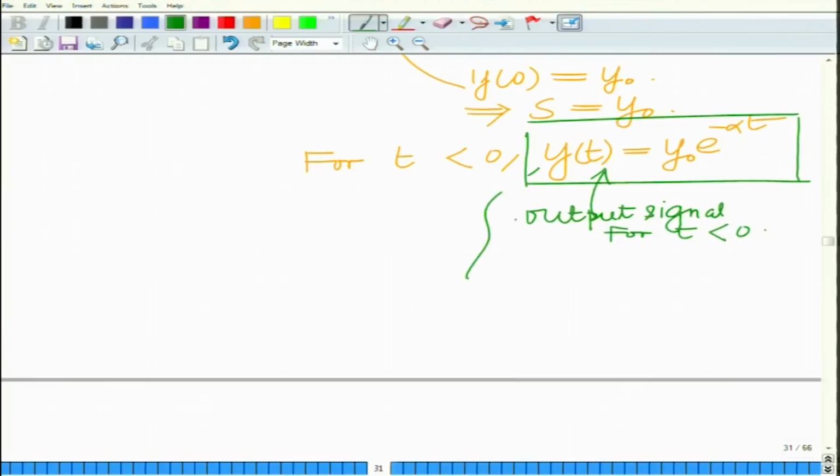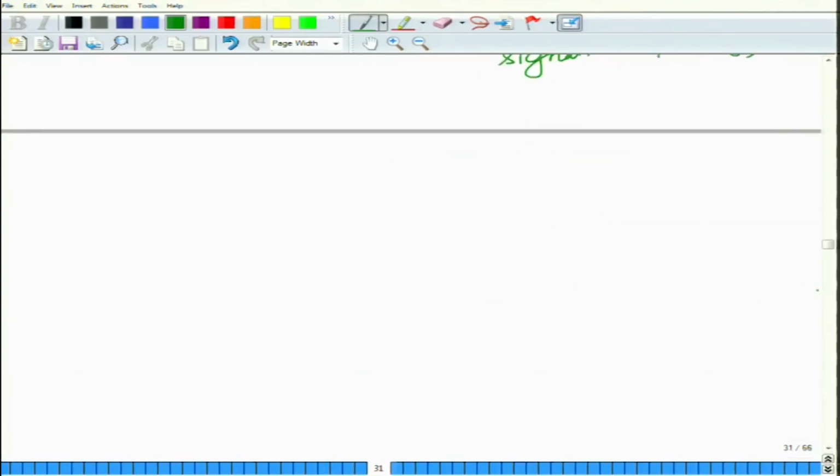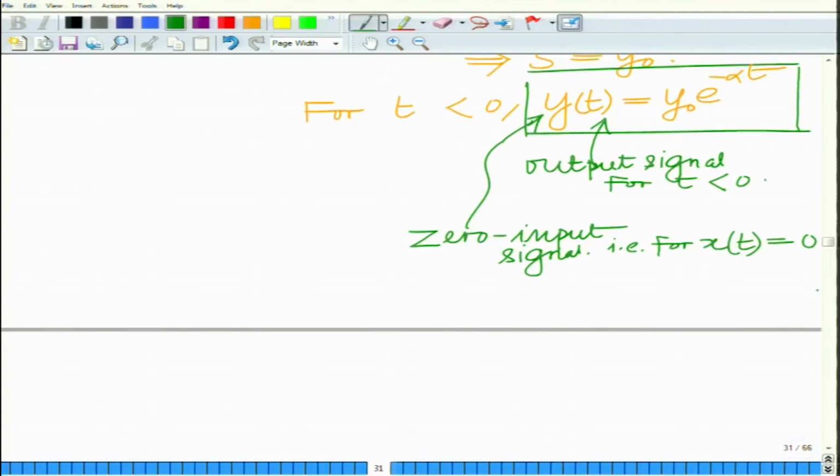You can think of this as the 0 input signal. This is the output of the system when the input x(t) equals 0.